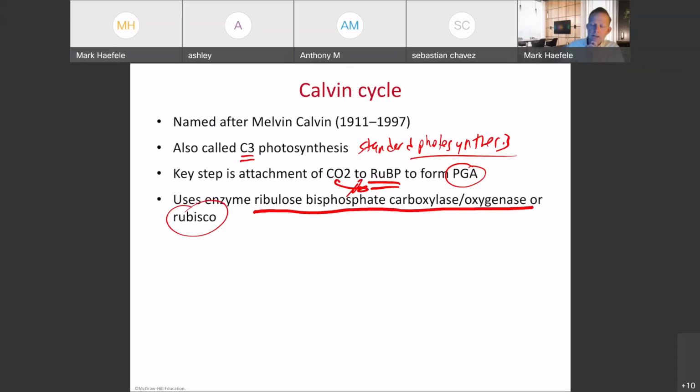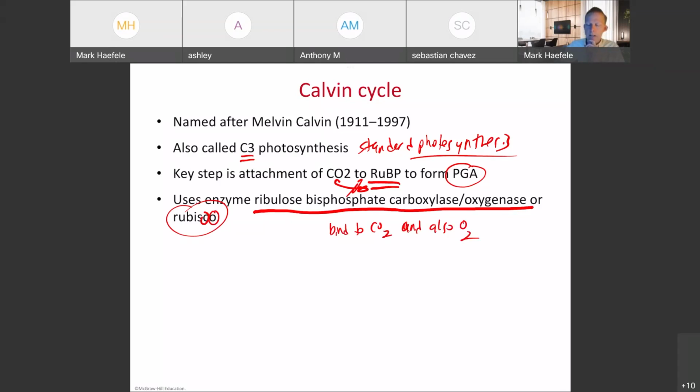Now notice it's important, the C is carboxylase and the O is oxygenase. So it's important to understand that this has two different personalities. Rubisco will bind to CO2, and it will also bind to oxygen. So it does both. It's a bit of a switch hitter there.